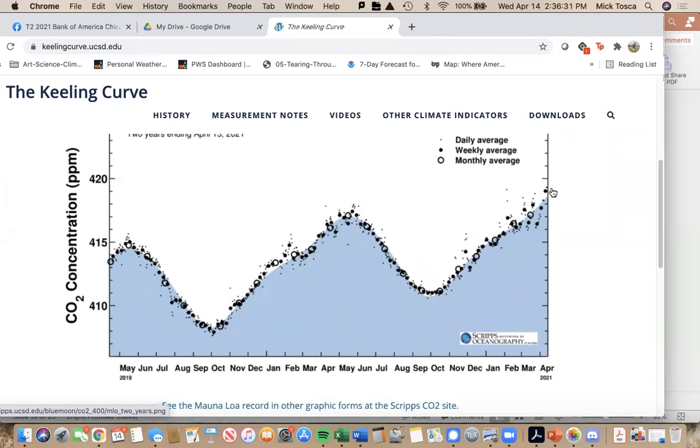It's almost May. So it could be something like 420, which would actually be a really big jump. And that's because the pandemic is ending and everyone is moving around again. So emissions went up more this year than they did last year, for example. But this additional little bit above last year's peak, that's our emissions. That's what's staying there.